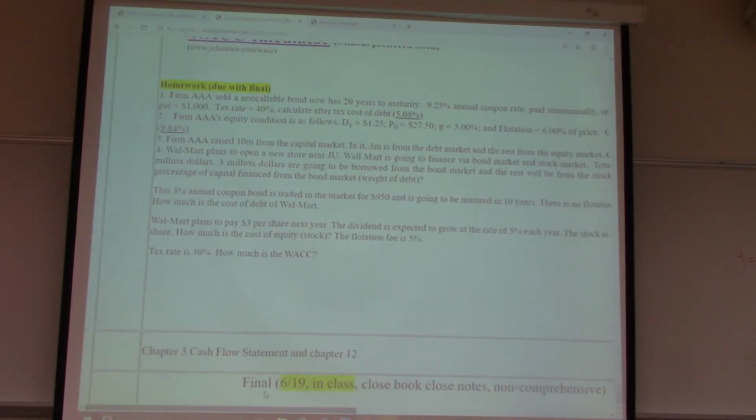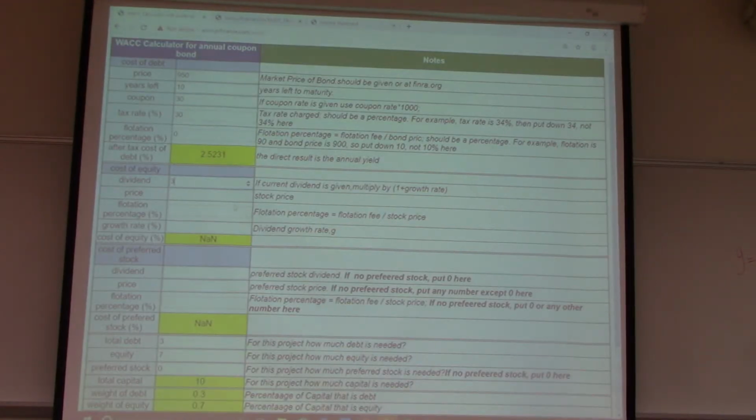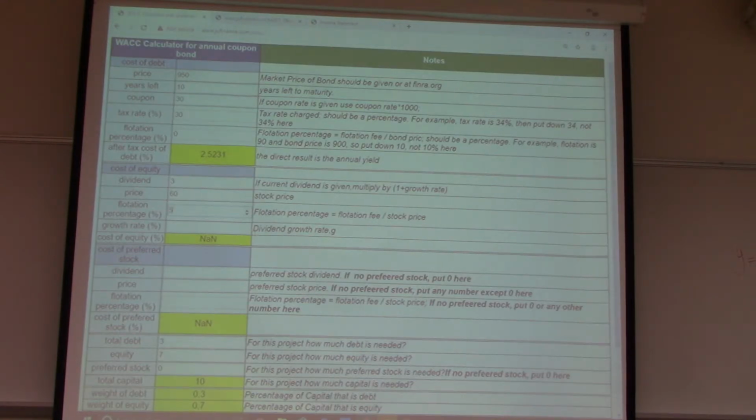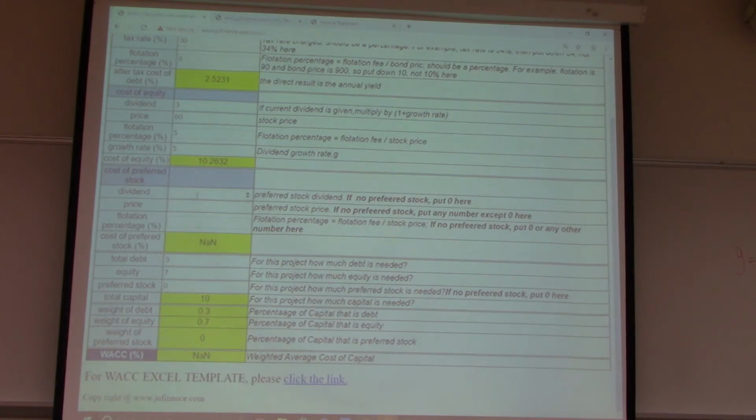Stock price is 60. Flotation is 5. And for dividend on preferred stock, just put any number. And 7.94. Is that right?